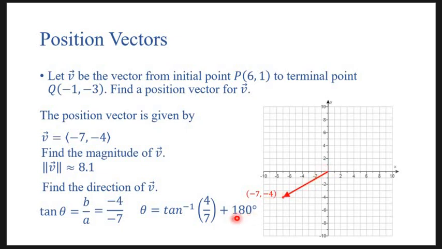So I need to take the answer I get and add 180 degrees to it. When you type this in though, you'll get that theta is approximately equal to 209.7 degrees.